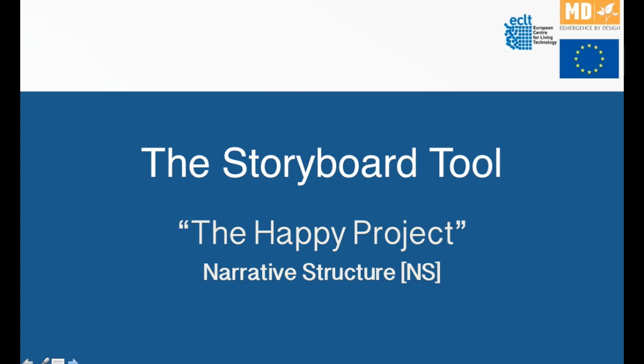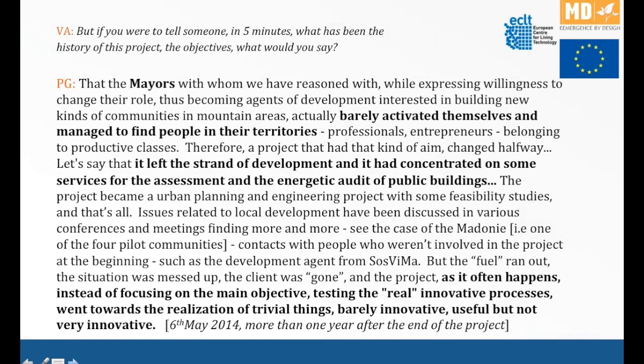One was the magic artifact narrative: the firm belief that a technical solution could solve the problems of these mountain communities, so feasibility studies, rating system, and so on, would have been enough to solve the development problems of these communities.